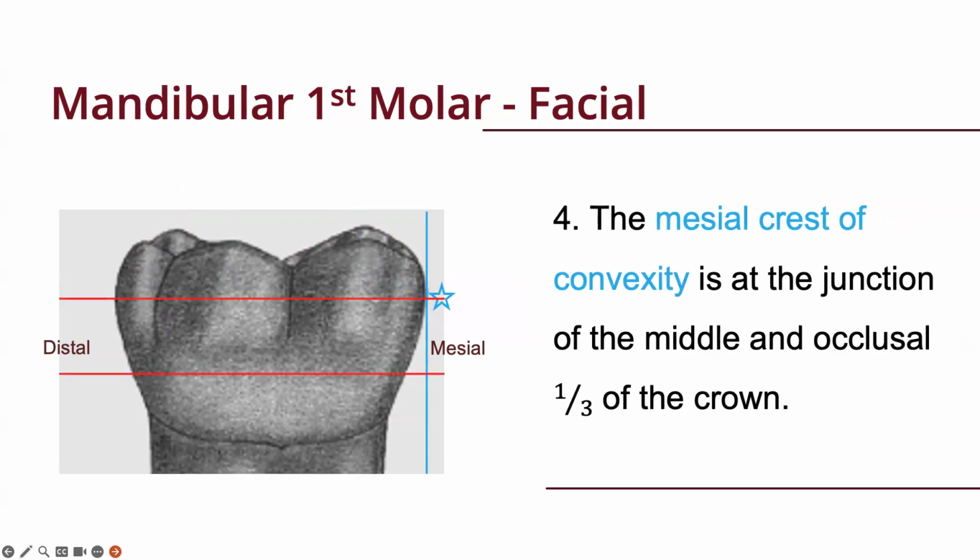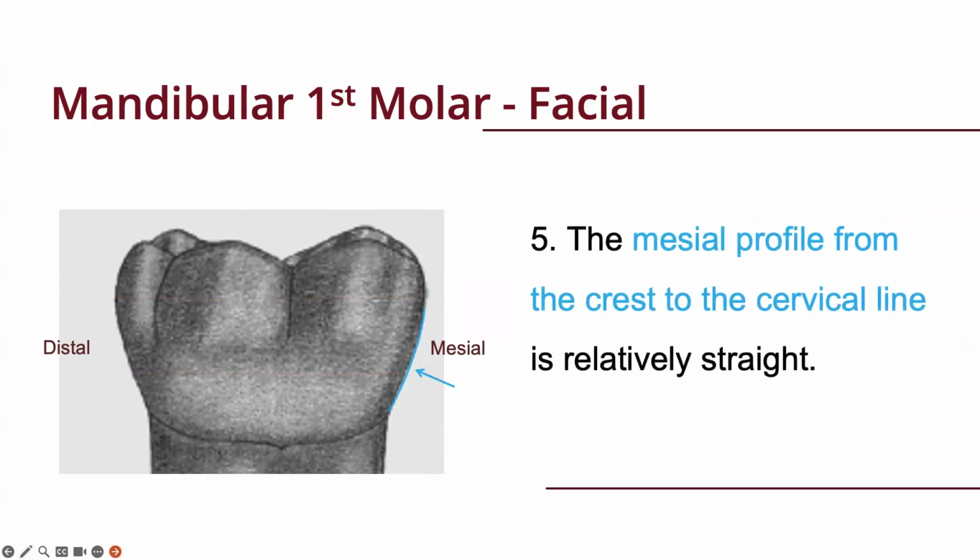The mesial crest of convexity is at the junction of the middle and occlusal 1/3 of the crown. The mesial profile from the crest to the cervical line is relatively straight.